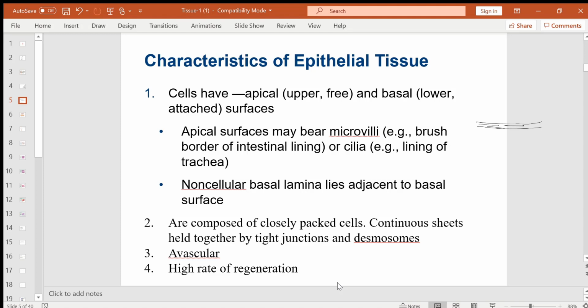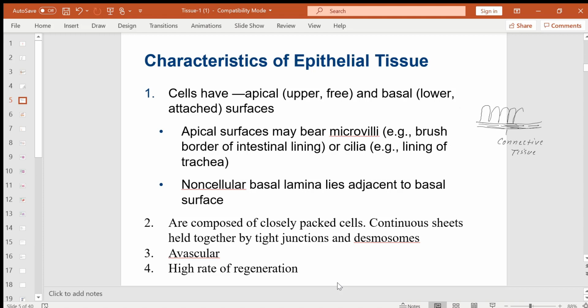That is called the basement membrane. So this is the connective tissue that supports the epithelial tissue, and this is the epithelial tissue.